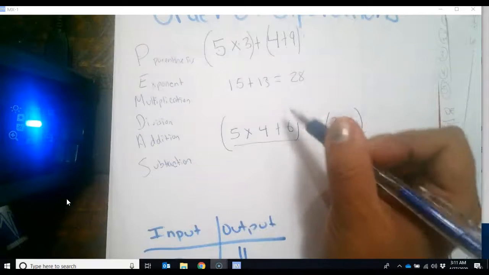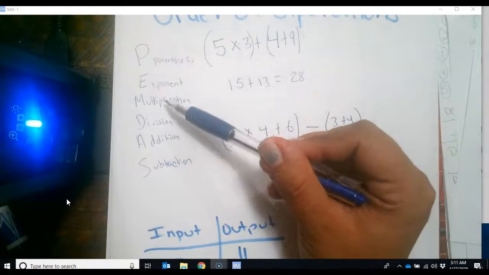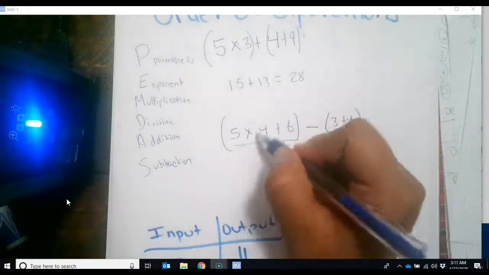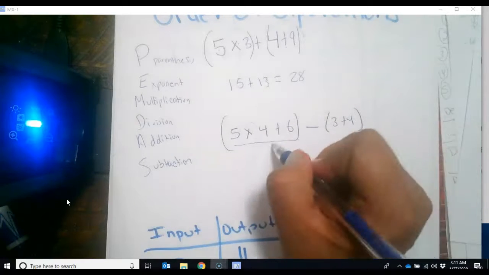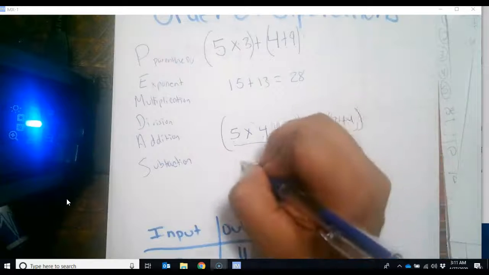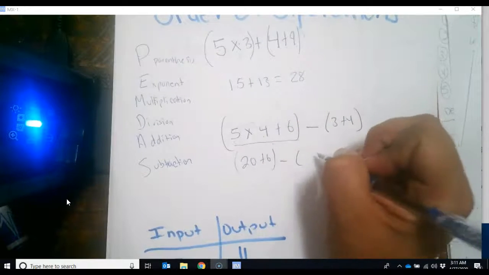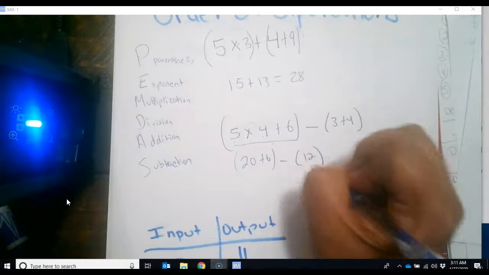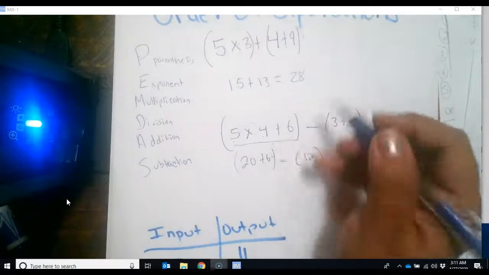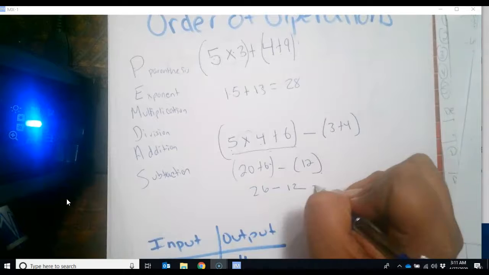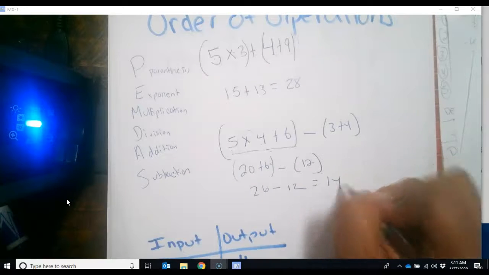And here in my parentheses, I'm going to do multiplication, division before I do addition or subtraction. So I have multiplication here, that means I'm going to do that first. So 5 times 4 equals 20 plus 6 is 26, minus 3 plus 4 equals 12. And then solve 26 minus 12. So that would be equal to 14.